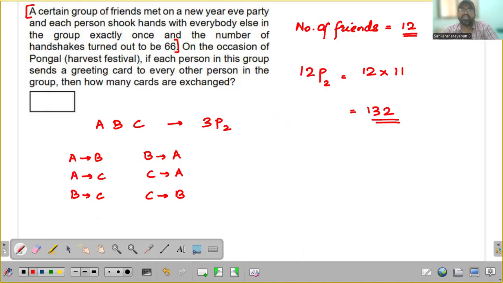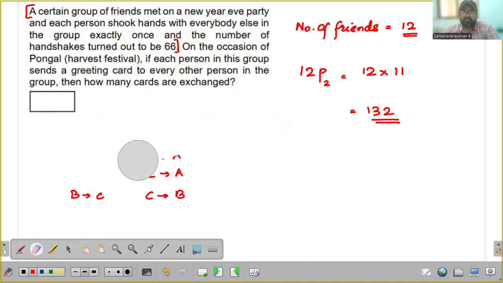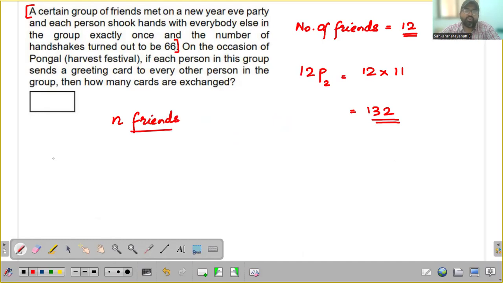Here there are 12 people. So the number of cards getting exchanged will be 12P2, which is equal to 12 into 11, 132. So the summary is, if there are n friends who met, the number of handshakes, write it down carefully, will be nC2.